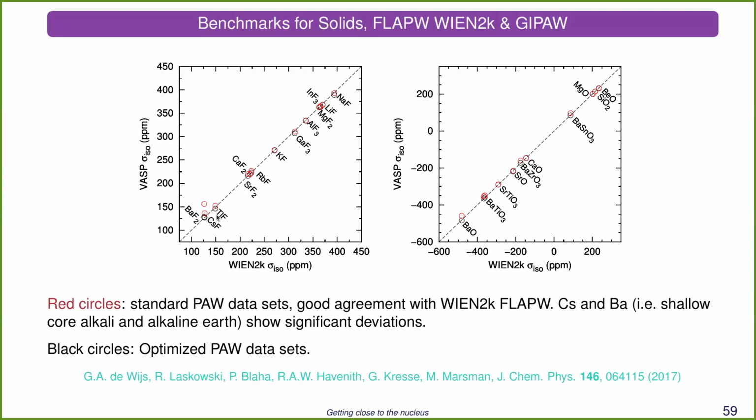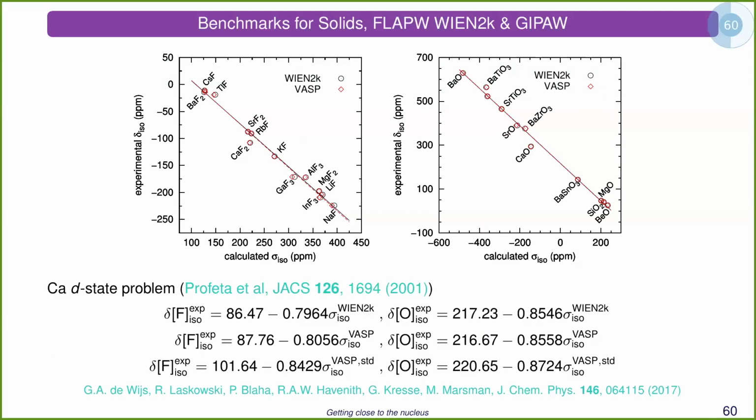So these are systems with very shallow semi-core states, which are very easily polarizable cores. They're very difficult to handle. But if we go to very high quality potentials, we can also handle that. That is the black circles over here, also optimized PAW datasets. This is theory against theory. That, of course, must always be okay. But you also want to look at how this goes against experiments.